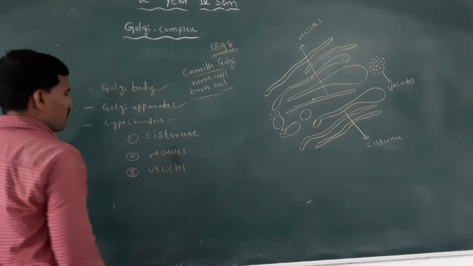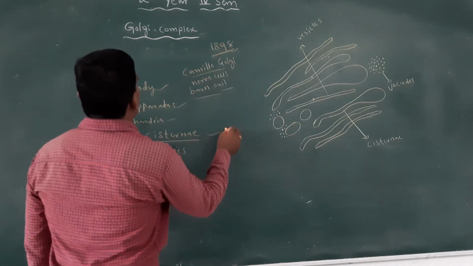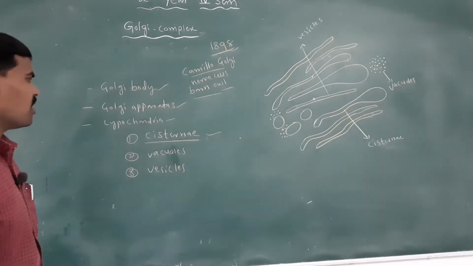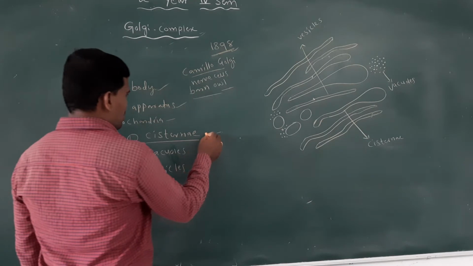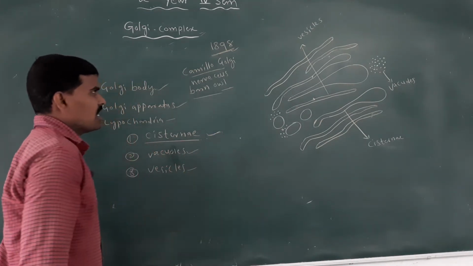Cisternae, vacuoles, vesicles: the Golgi complex has three components.